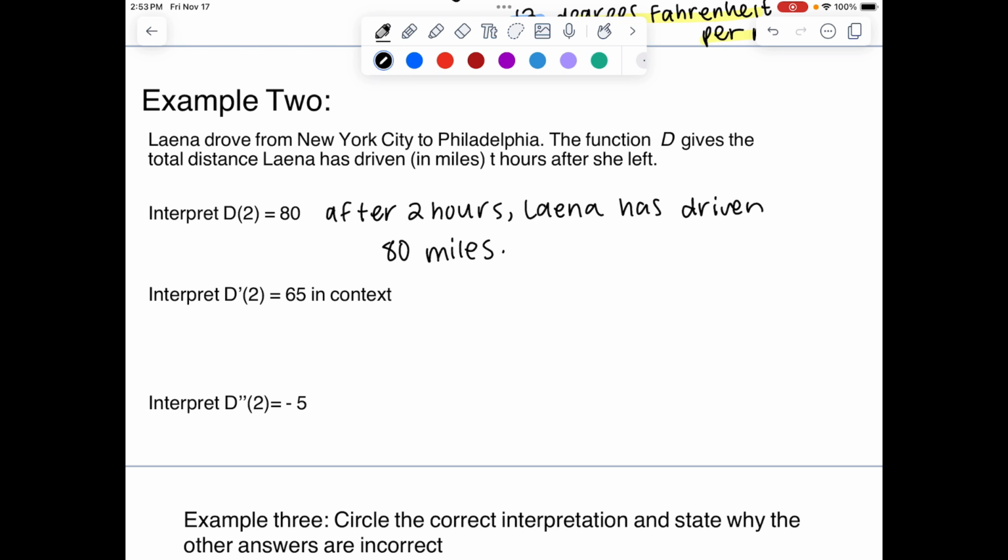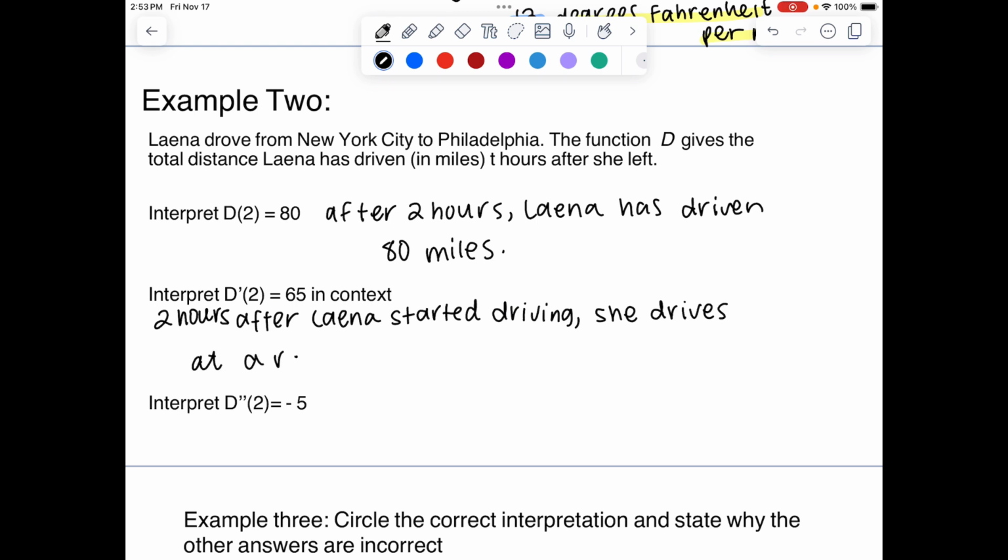Now let's talk about the derivative. So this says d prime of 2 equals 65 in context. So 2 hours after Lena left, or you could say after 2 hours, doesn't matter. There are different ways to word all of these. You just have to make sure you have all the parts. 2 hours after Lena started driving, she drives at a rate of 65 miles per hour.